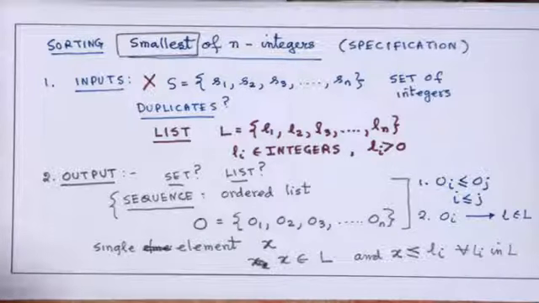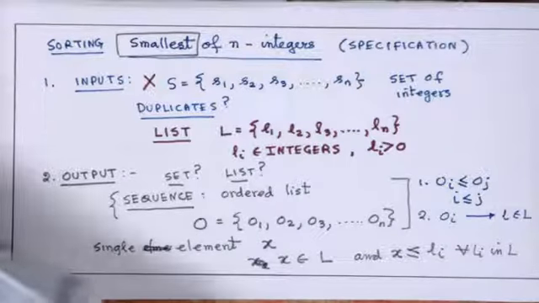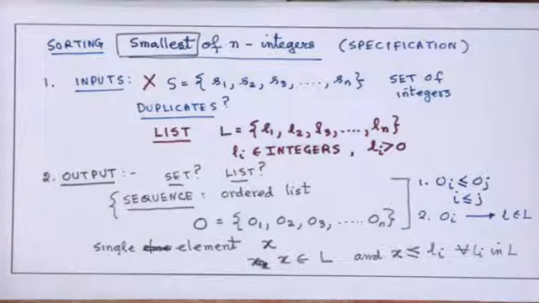So, here again the input, output and the relationship between the input and output is to be specified very, very accurately. Let us take another example.